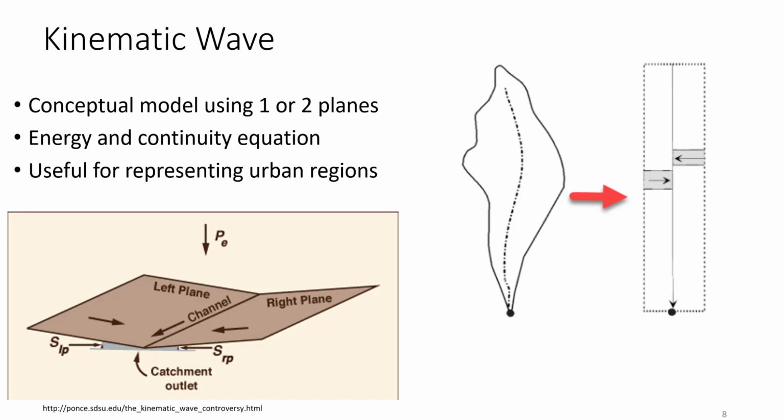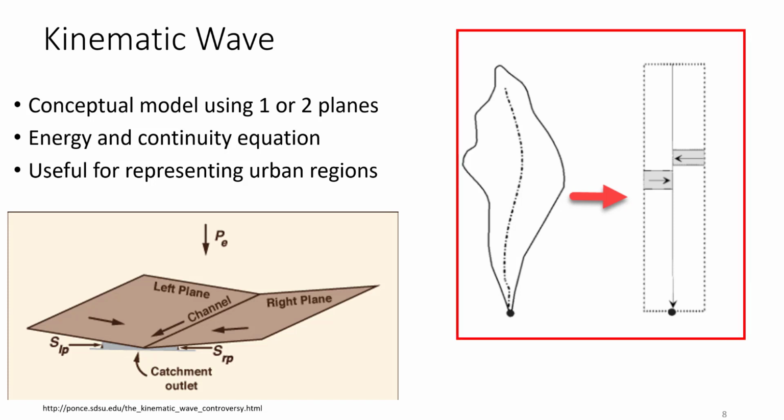The second transform method available is the kinematic wave transform. The kinematic wave represents the watershed as two plane surfaces over which water runs until it reaches the channel. The water then flows down the channel to the outlet. The watershed and its channels are conceptualized as shown in this figure, where you have water move as overland flow on the plains and then as channel flow.